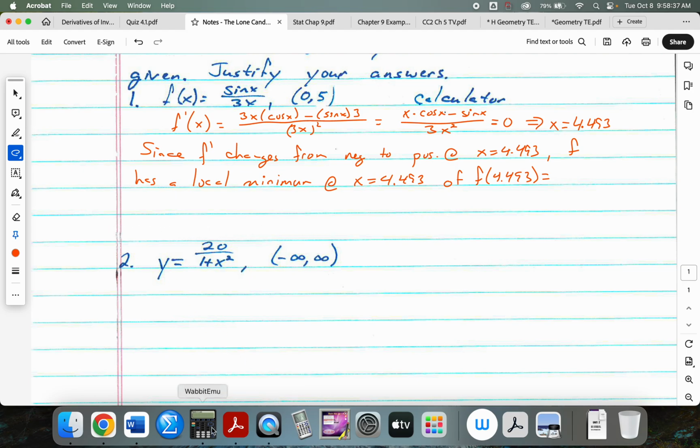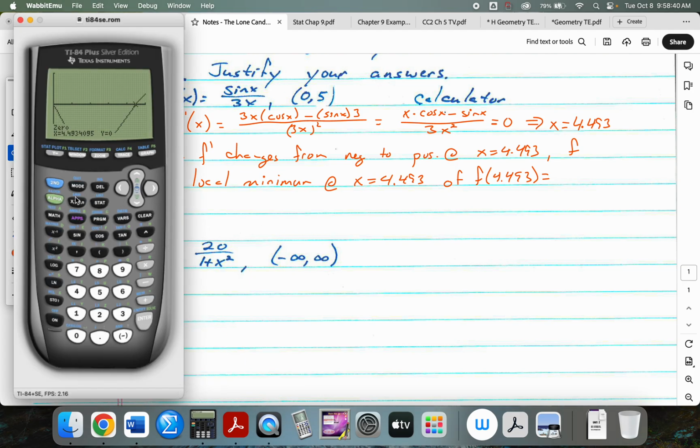Now, when you go back to your calculator, one of the nice things is if you quit out of this, if you just type x, it has that in its brain because that's the last x value that it calculated. So as long as you don't go back to the graph and move anything around, it's going to keep that value in its head.